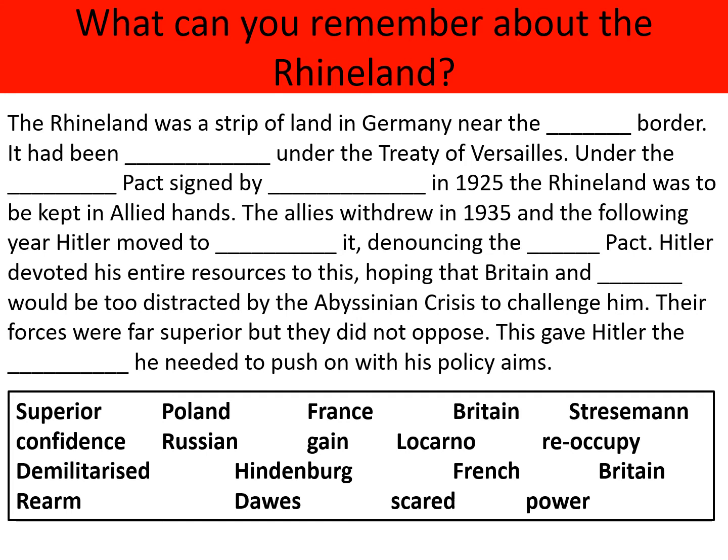The Allies withdrew in 1935, and the following year, Hitler moved to what it? Hitler devoted his entire resources to this, hoping that Britain and who would be too distracted by the Abyssinian crisis to challenge him. Their forces were far superior, but they did not oppose. This gave Hitler the blank he needed to push on with his policy aims.